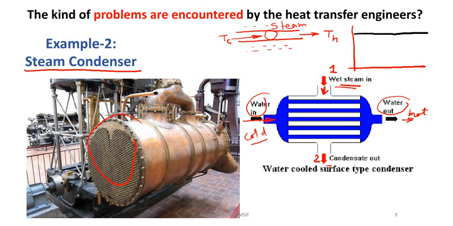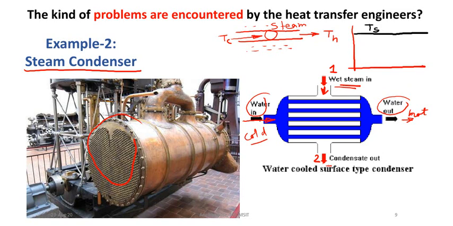This line indicates the temperature of the wet steam, which is constant. The temperature of the steam is not changing when it flows through the condenser; it only changes its phase.